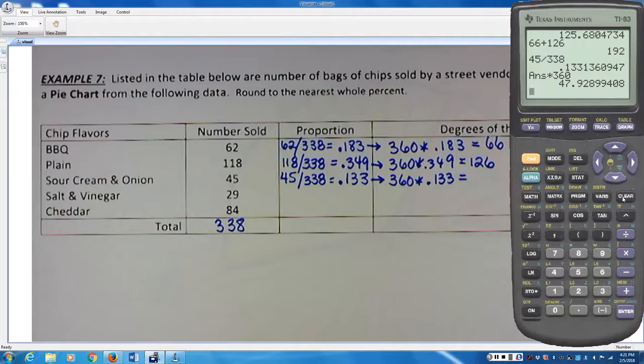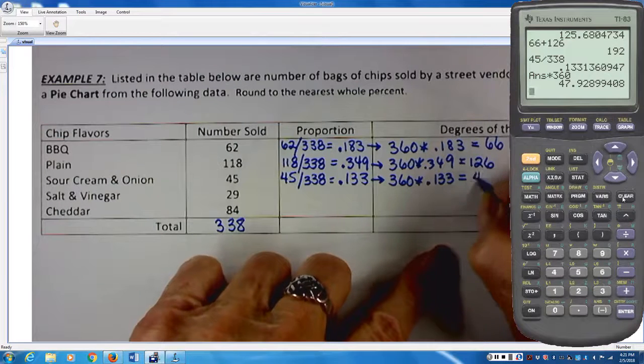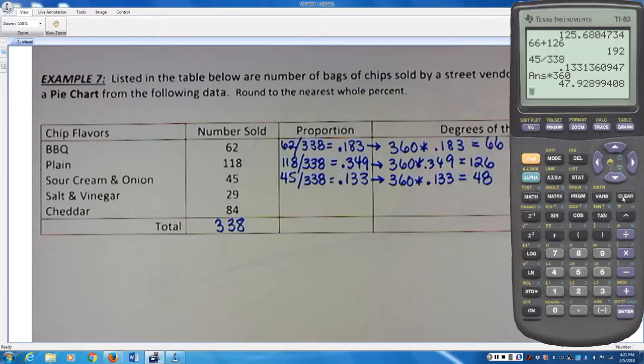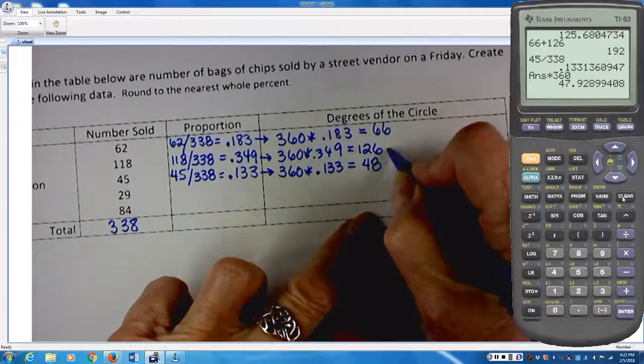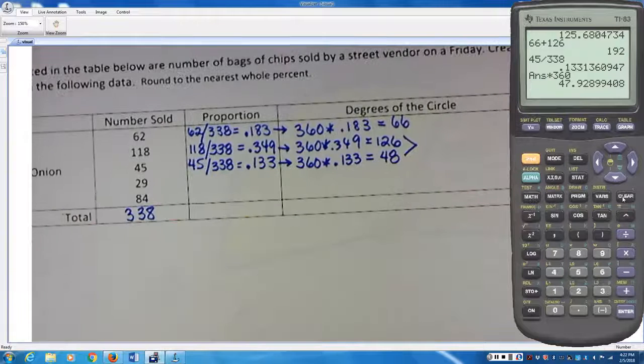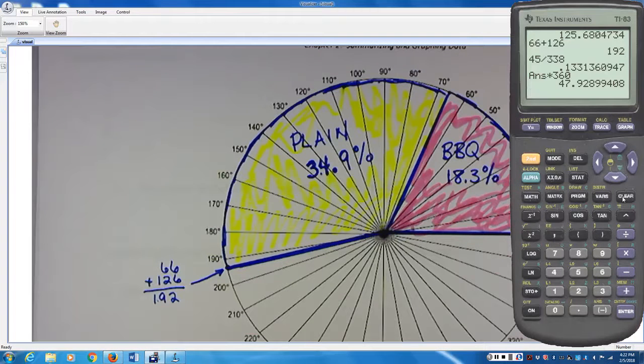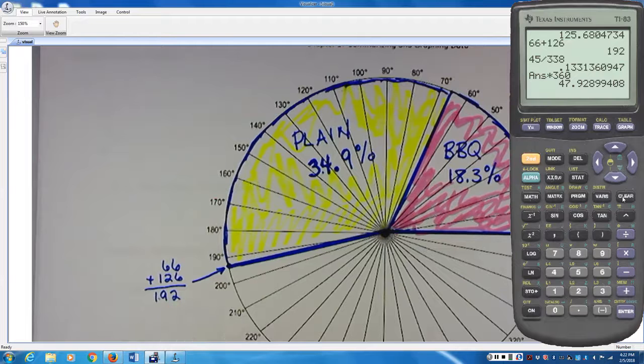And we'll call that 48 degrees, plus 47.9, we'll round up pretty closely to about 48. So that means I'm going to take my 126 degrees and I need to go another 48 degrees. So if I take 48 degrees plus the 192 that I'm at now, that puts me at 240 degrees.